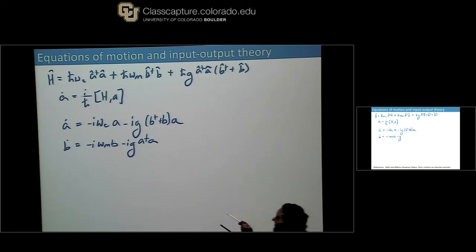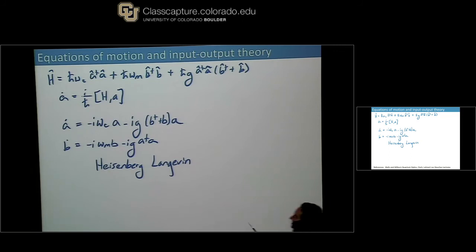Now, these equations here don't yet incorporate any coupling to my external ports. What I can do is write down something called the Heisenberg-Langevin equations. It's clear what I did there: I just did the usual equation of motion, and now I'm going to add some terms that ultimately come from dealing properly with the coupling to these external things.